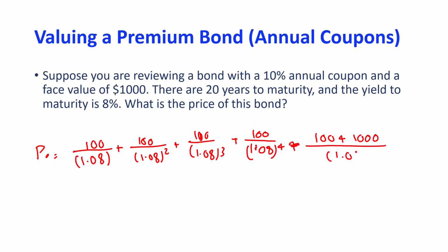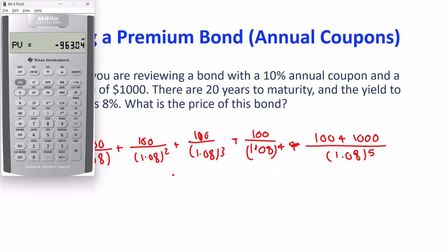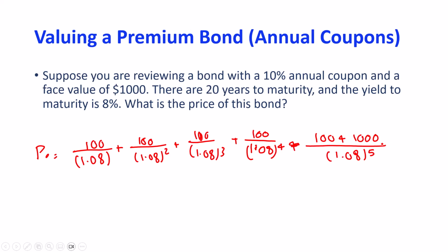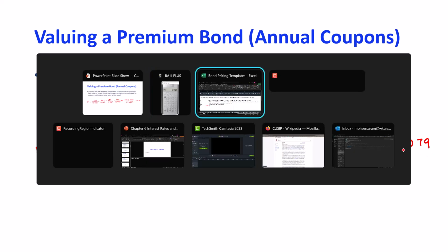So that would be 1.08 to the power of 5 because it's in year 5. So let's see how much is the value of this bond. Everything is the same except the rate. So I'm just going to change the rate here to 8%, the discount rate, and then compute the price. As you can see, the price has increased to $1,079. And of course, the Excel is going to give you the same answer.